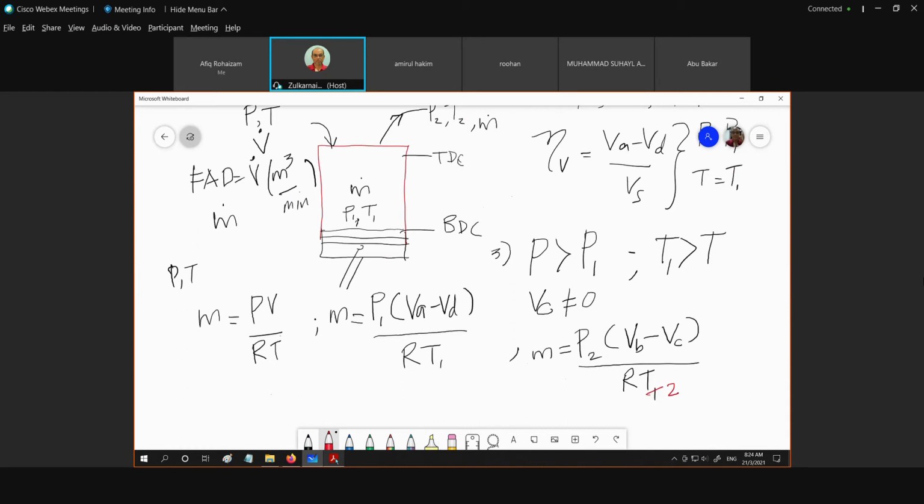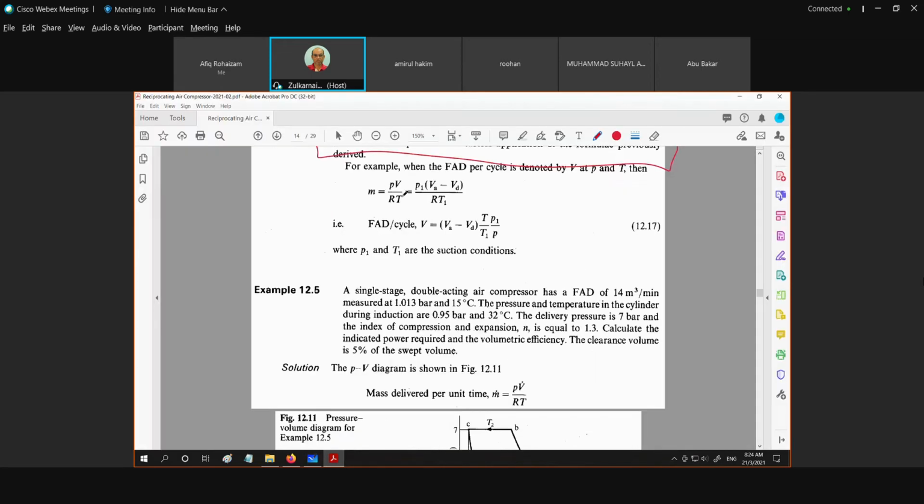Alright. So now we find that we have a V. From this equation, we equate them, and we get the V. And this V, because there is no dot, means this is FAD per cycle. Okay, FAD per cycle.